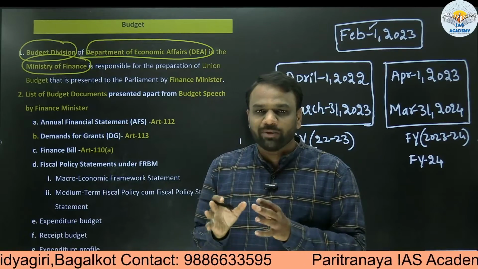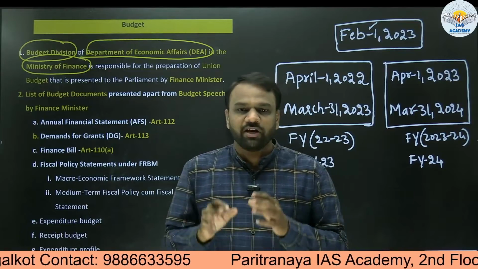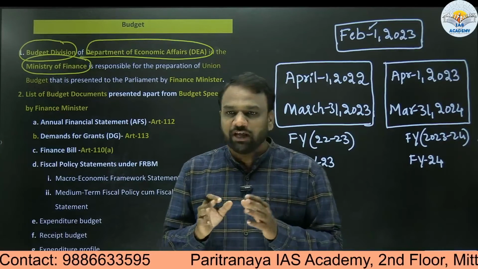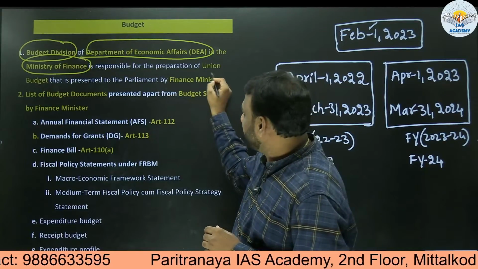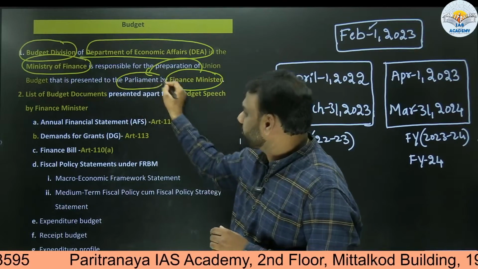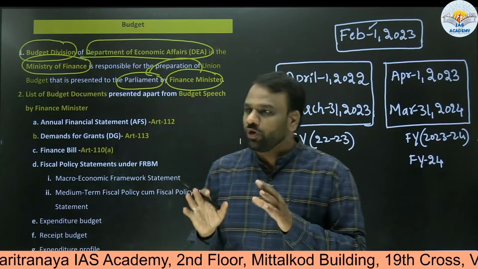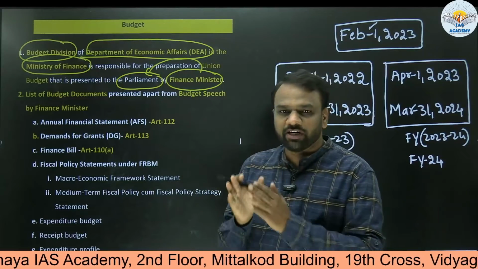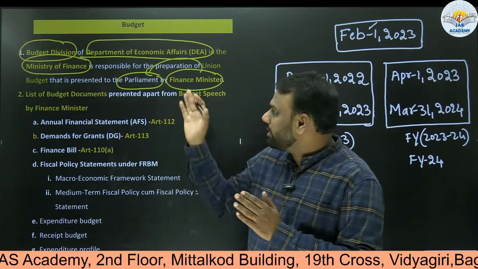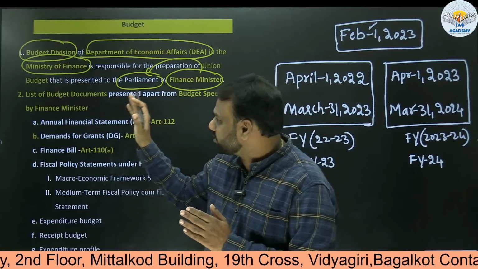These documents are prepared by the budget division under the guidance of the Finance Minister as well as the government. Finally, the Finance Minister presents this budget document to Parliament. So what we understood is that the budget is prepared by the budget division, which is present in the Department of Economic Affairs, which is present in the Ministry of Finance.